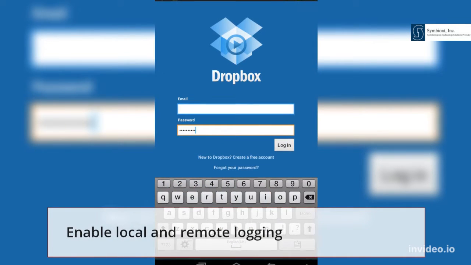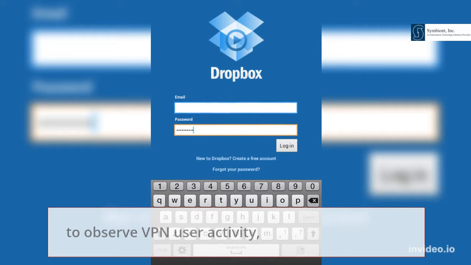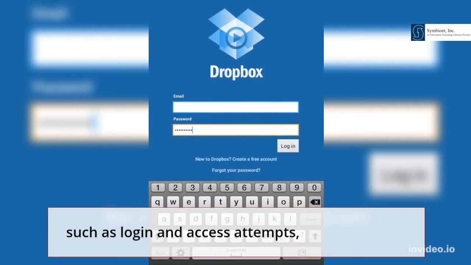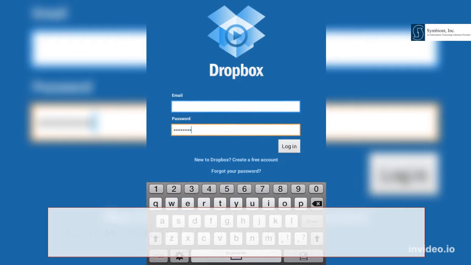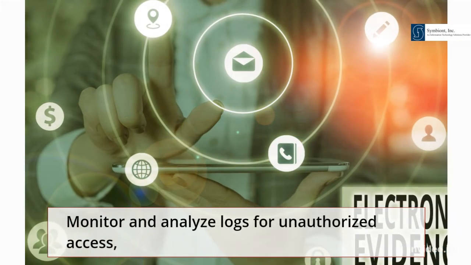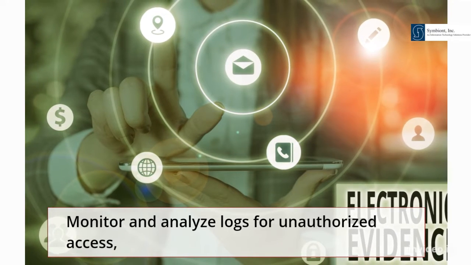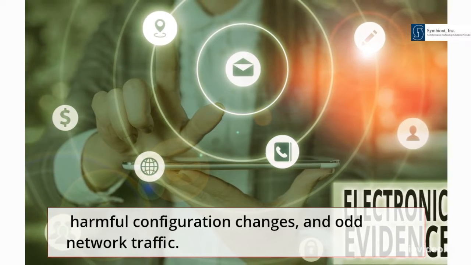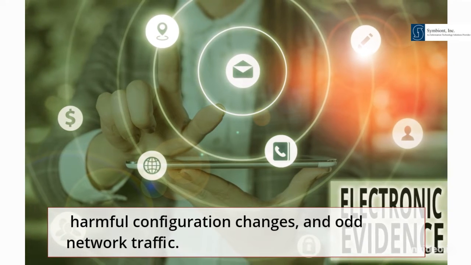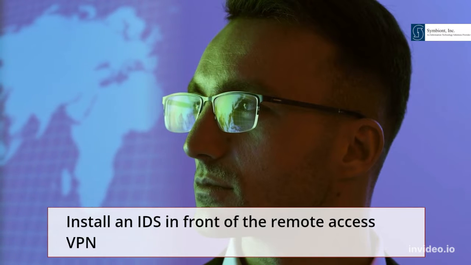Enable local and remote logging to record and track VPN user activity, such as authentication and access attempts, configuration changes, and network traffic metadata. Continuously monitor and analyze all logs to look for unauthorized access, malicious configuration changes, strange network traffic, and other signs of compromise.